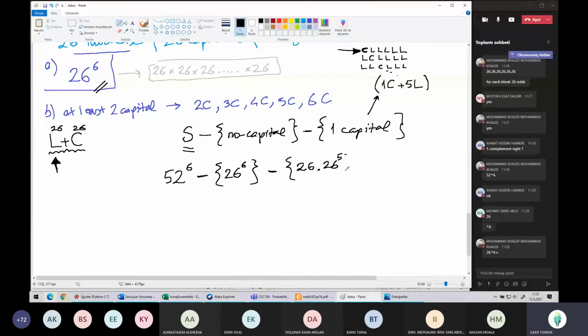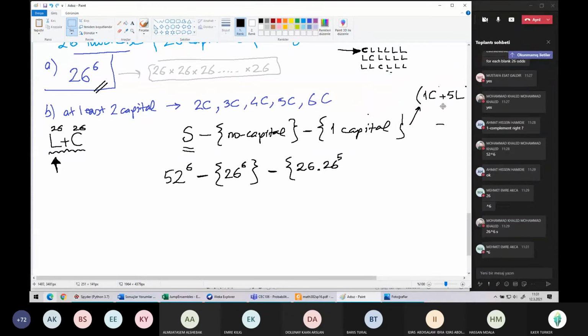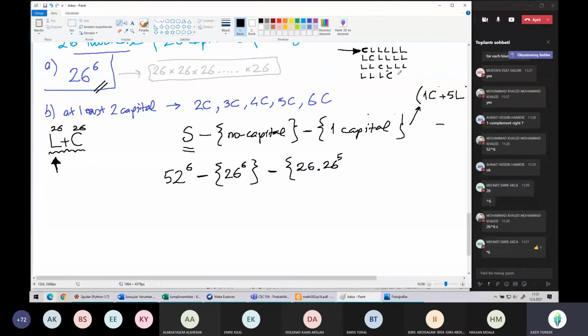Also, I have times 6. Why? Because lowercase, lowercase, lowercase, capital, lowercase, lowercase, and so on. We have 6 different combinations for it. So I multiply it by 6.